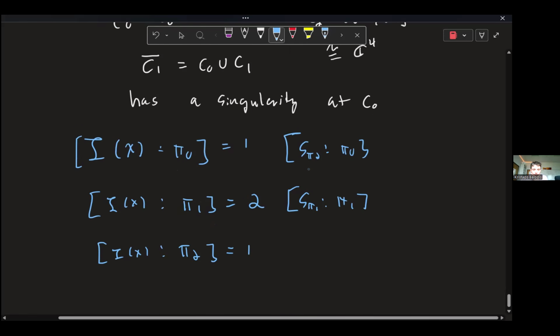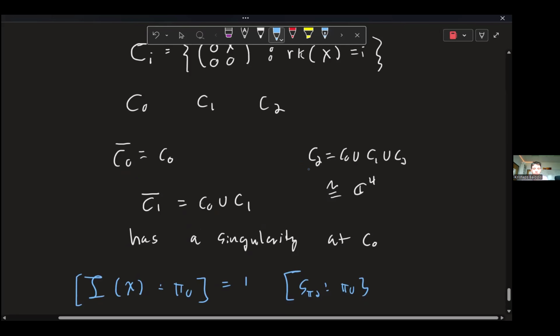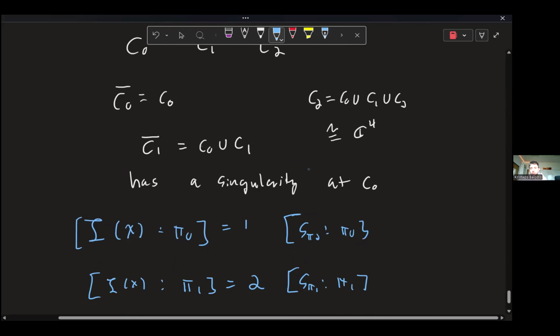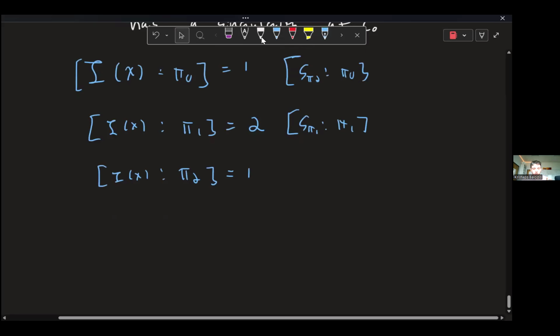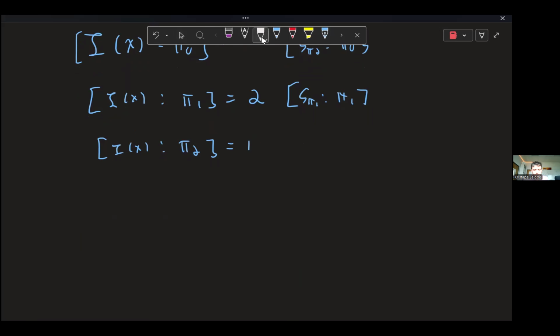Okay. So we have this bijection between irreducible representations and orbits, and we at least have this idea that the singularities of these orbits should be telling us something about the multiplicities of these representations. But the exact way that we talk about these singularities of orbits is the following.